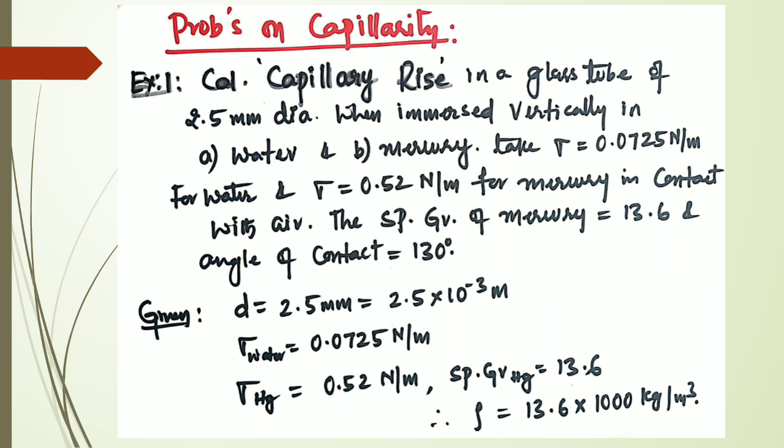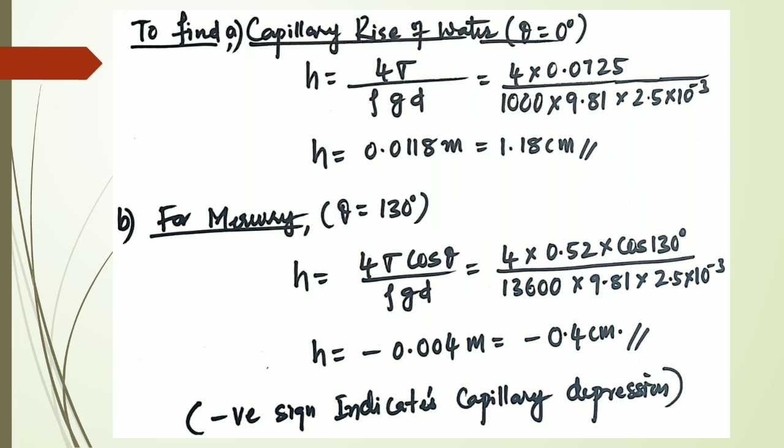So we need to calculate the capillary rise h, for water and for mercury. All the values are given: diameter, surface tensions, and specific gravity. Then obtain the capillary rise for water and for mercury.